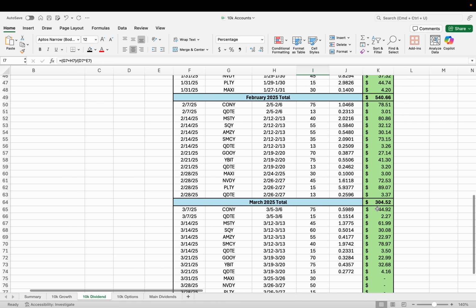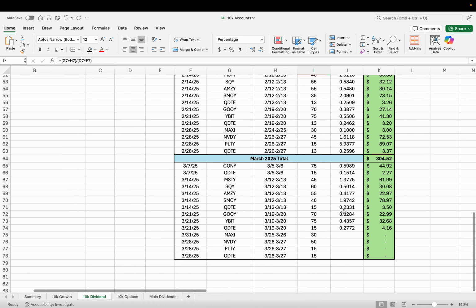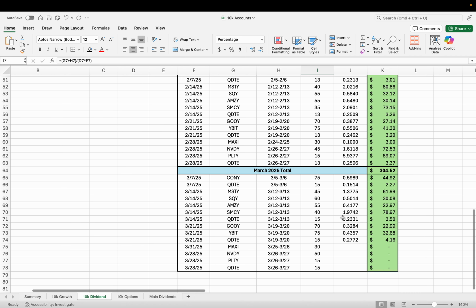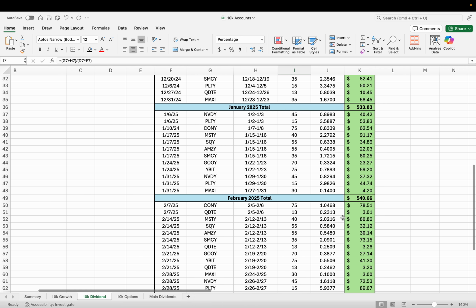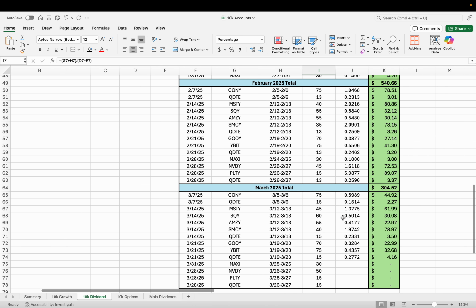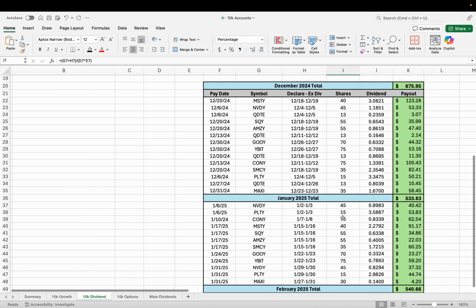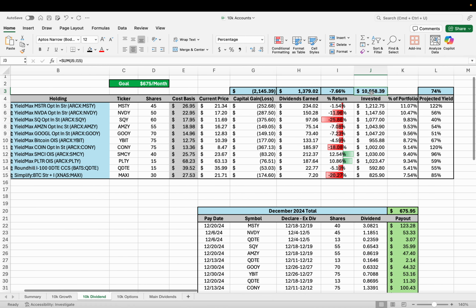We will take the $400 or so that we earn in March, invest it for the beginning of April, and continue that dividend snowball and hopefully get above, I'd like to get above $600 in the month of April. That would be a good goal based on having at that point invested almost $11,300 if we count the dividends we've earned in March.